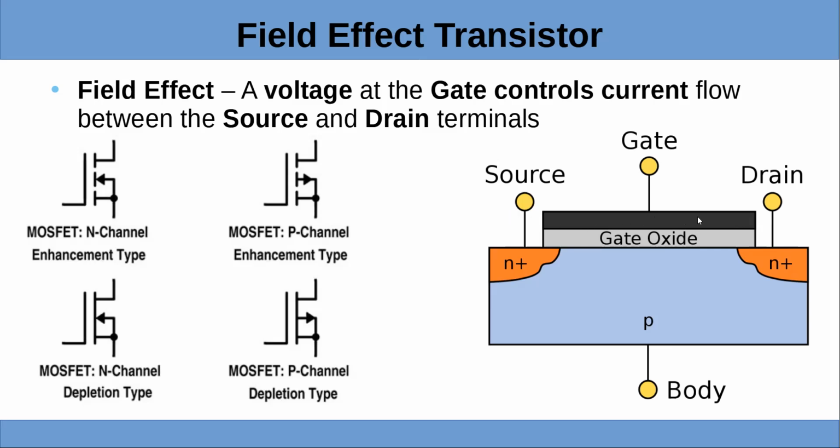It's some metallic material with its oxide as an insulator. So there's no connection. It's actually kind of like a capacitor between this and the body of it. And it does the same kind of thing. It creates an electric field, which will control the amount of current that can flow between the source and drain, or the two N-type materials in this case.